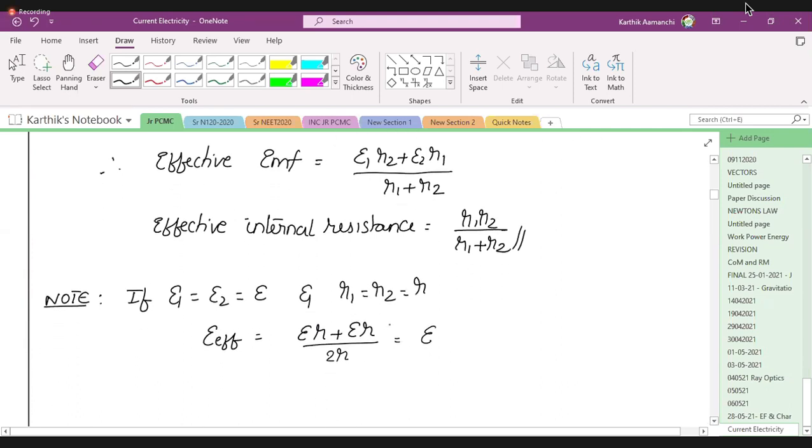So whenever you connect your cells in parallel, now you understand why we take potential difference as constant when your capacitors are connected in parallel. What about your R effective? R by 2.